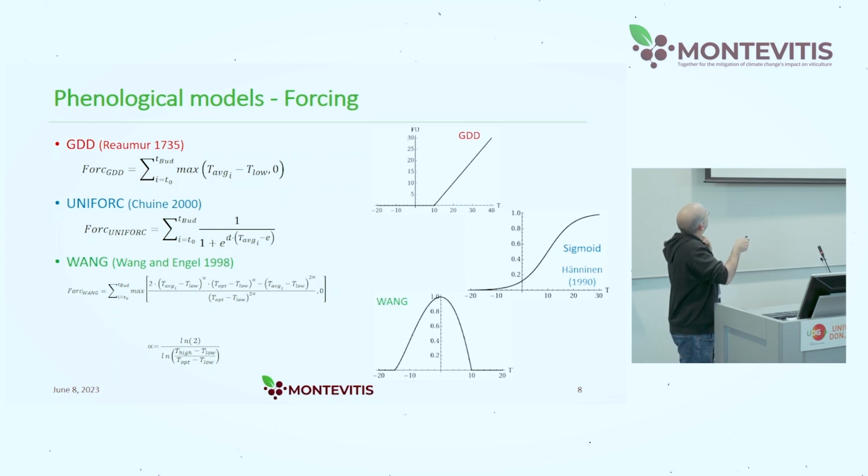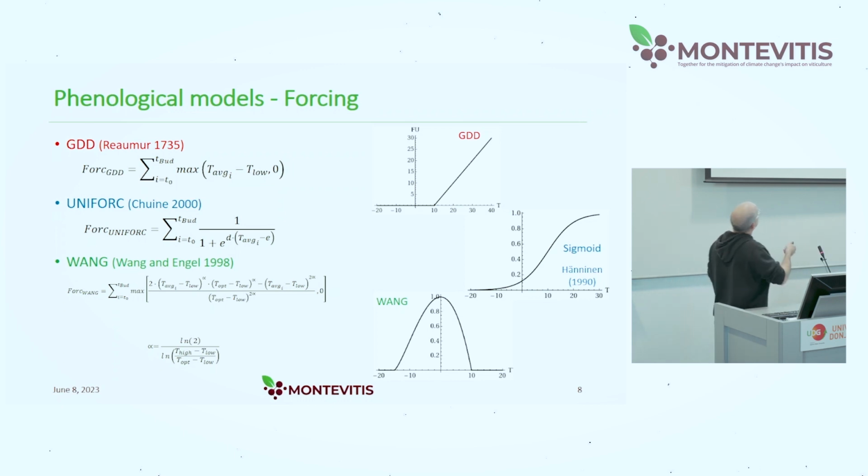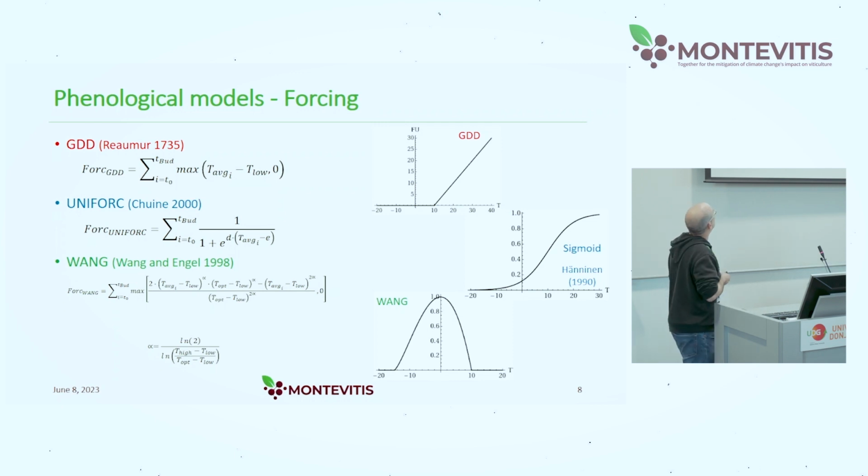It has more or less this equation, in which the base temperature limits the accumulation of the forcing units, and has more or less this trend as Christophe showed before.